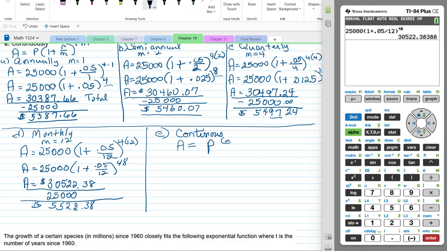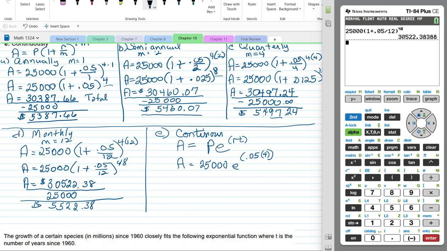Sorry. Right. Because it's continuous, and that's that exponential we drew. All right, so we have the 25,000 E raised to the 0.05 times 4.